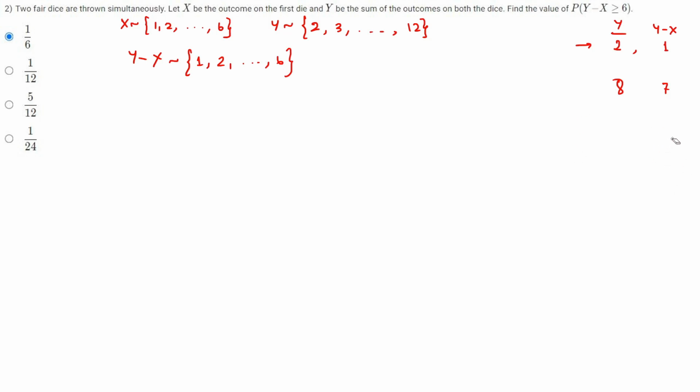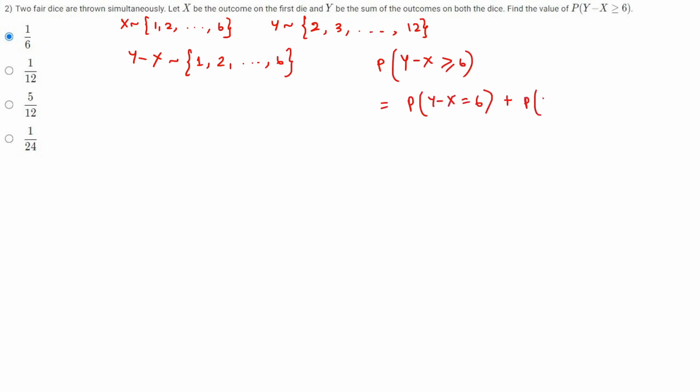Let me just rub this off. Alright, now they have asked us to find the probability of y minus x greater than or equal to 6. That can be written as probability of y minus x equal to 6 plus probability of y minus x greater than 6.